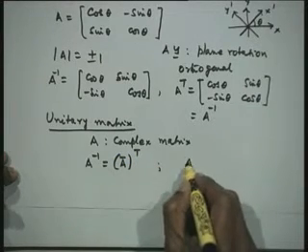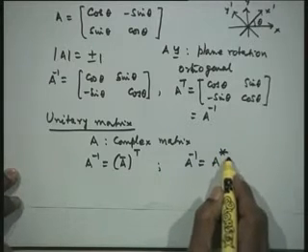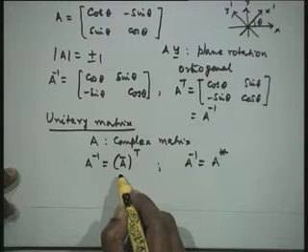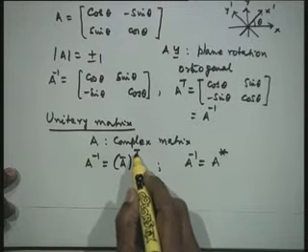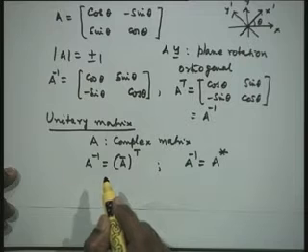That means we can also write this as A star, where A star is the earlier definition of the conjugate transpose. Therefore, if A inverse is equal to A conjugate transpose, then we shall say that this is a unitary matrix.